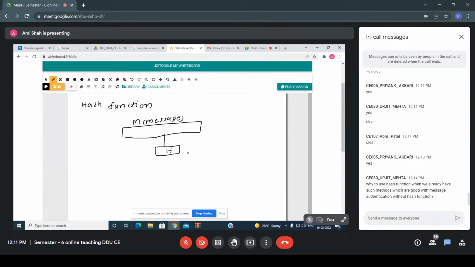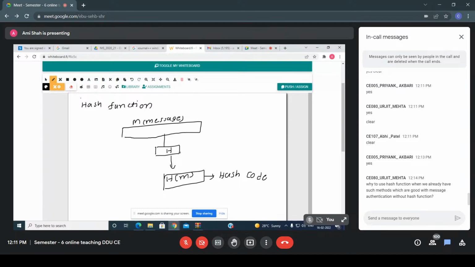Now the question in your mind is which hash function is used. In the next to next lecture I will explain MD5 and SHA512. These are the techniques, the functions by which the message digest, meaning the hash code, is generated. Different hash functions are there that I will discuss in the next to next class.